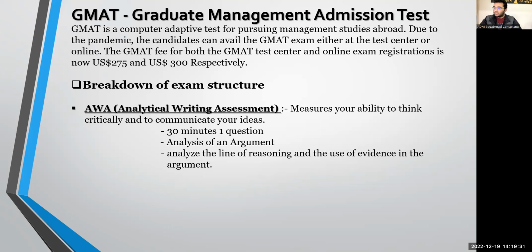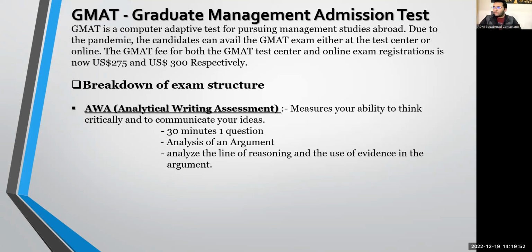But of course, as you can see over here, the time limit is only 30 minutes. So you have to think quite fast during that process. And also, you will have to keep some time at the end so that you can reread and evaluate whatever response you have written down.